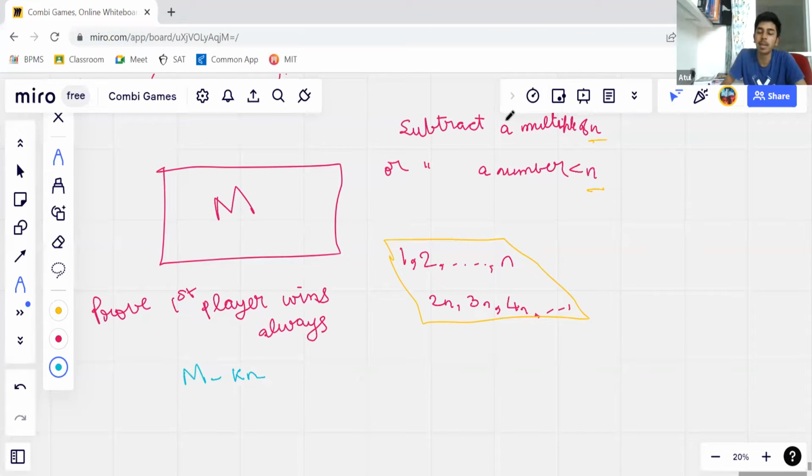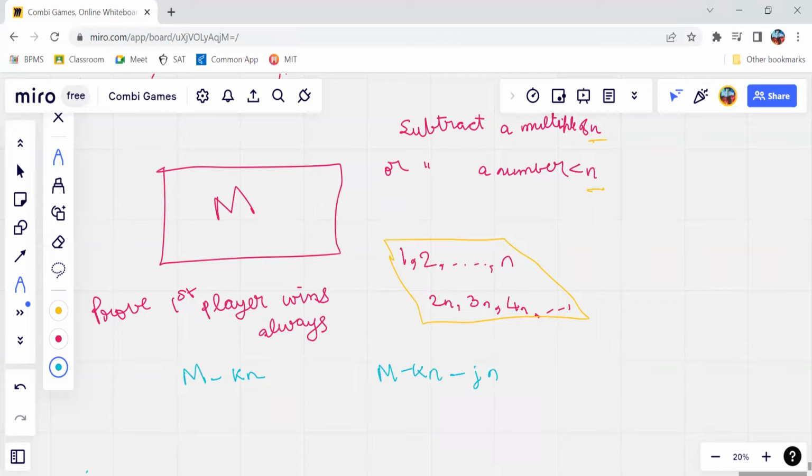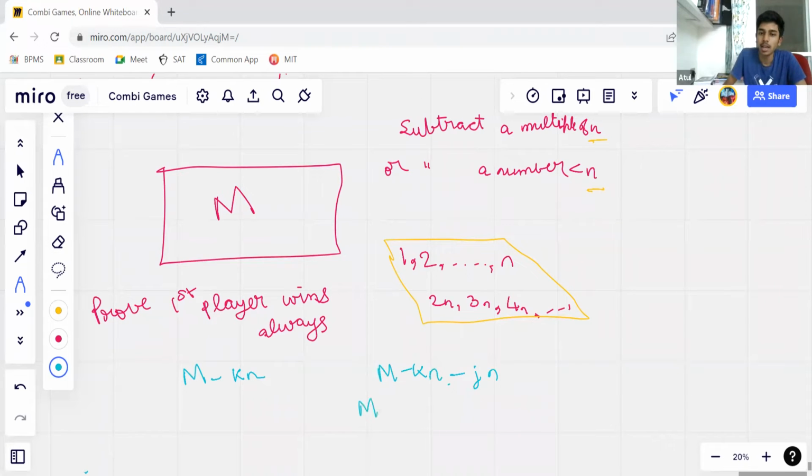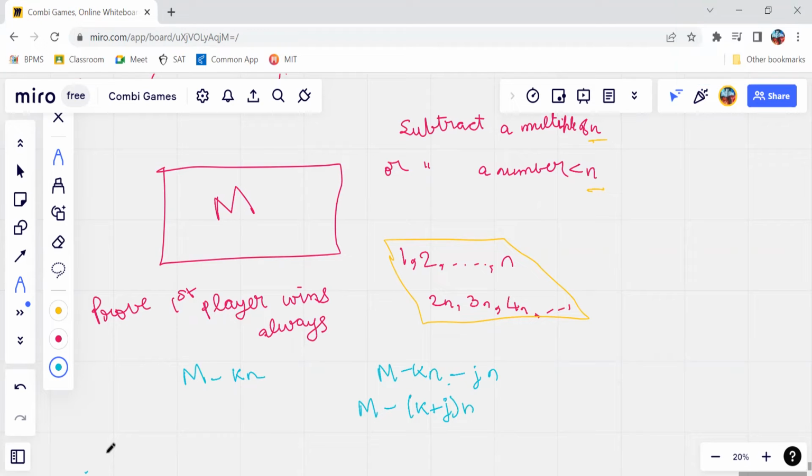If the second player's strategy is to also subtract a multiple of n, as in if he replaces it with m minus kn minus jn, then this is stupid because on the first turn, A could have directly subtracted m minus (k plus j) times n. Right?